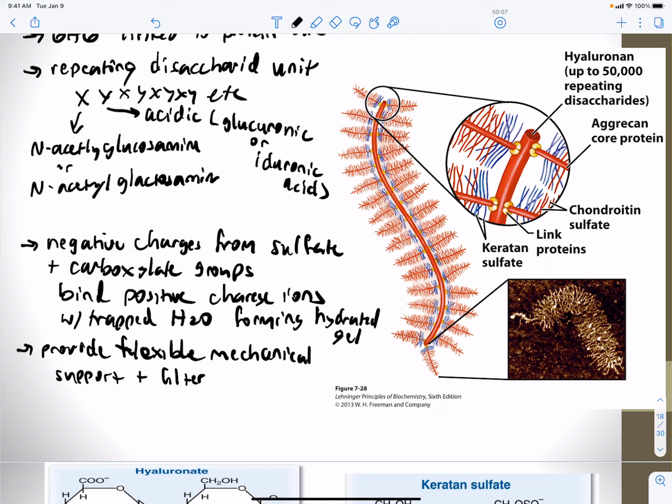So they're going to have many different repeating chains of glycosaminoglycans. And the glycosaminoglycans have another name, which is the mucopolysaccharides as well. So again, they're going to carry a negative charge, they get hydrated, and so they're going to act as lubricants.